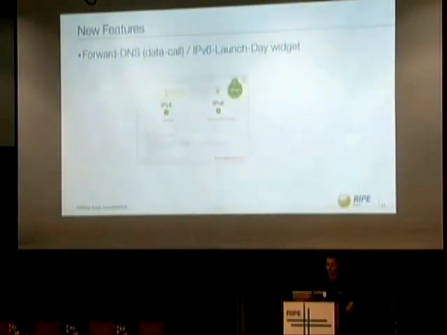Its initial purpose was to serve the IPv6 launch day, to check if a specific domain already had a quad A. We have to admit that this widget is not available on stat.ripe.net in the result set, but it was promoted as part of the IPv6 launch day, and a lot of external sites implemented it. From an external point of view, as a widget embedded in other pages, it was one of the most successful ones.